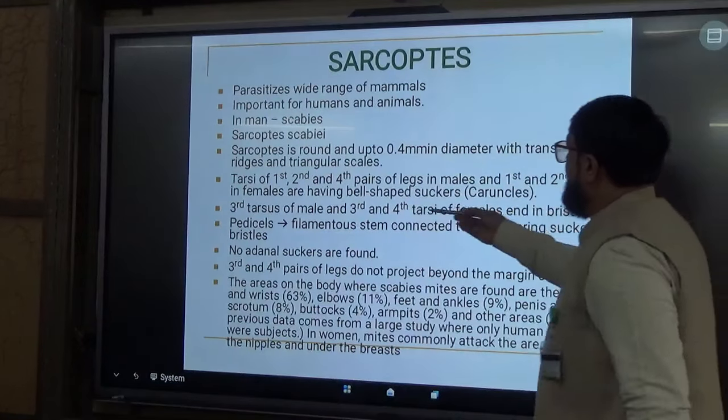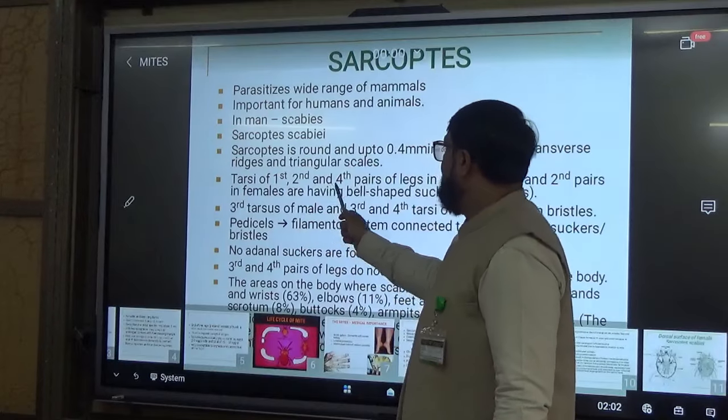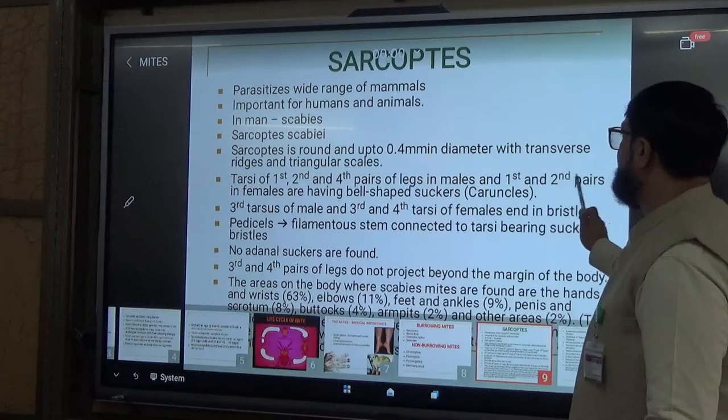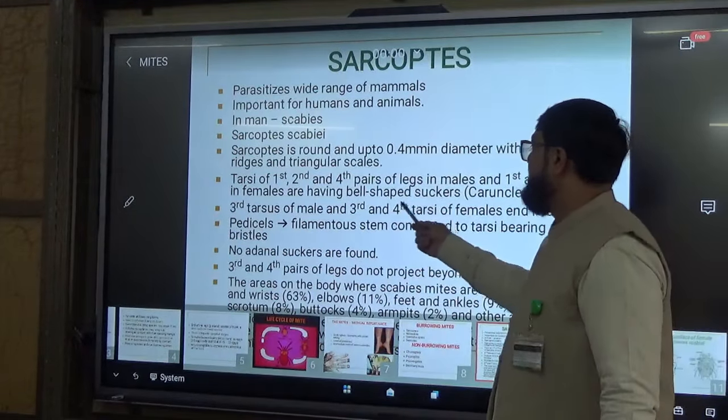Now here, the tarsi of the first, second, and fourth pair of legs in males, and first and second pairs in females, have bell-shaped suckers.